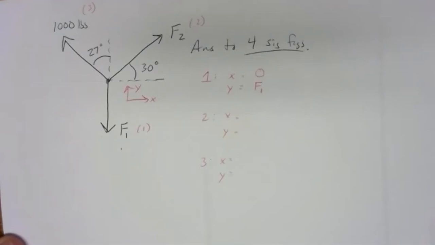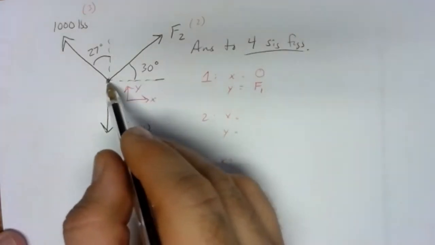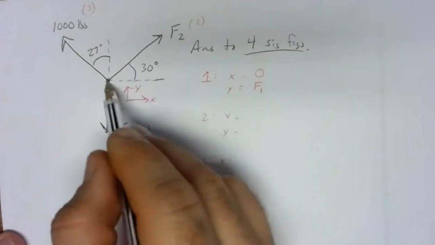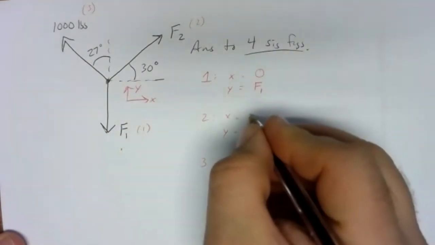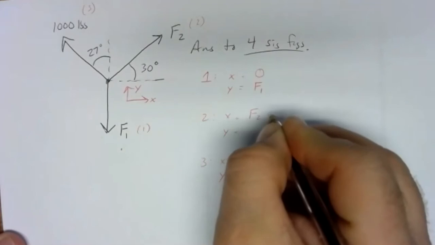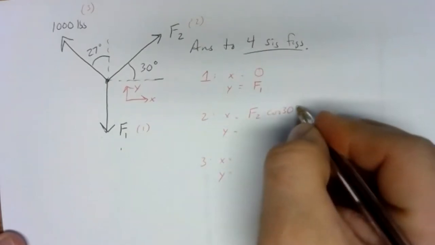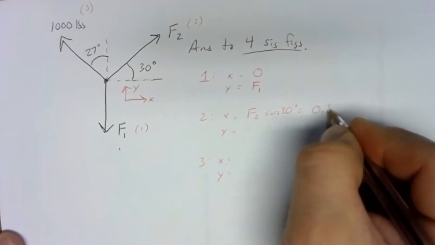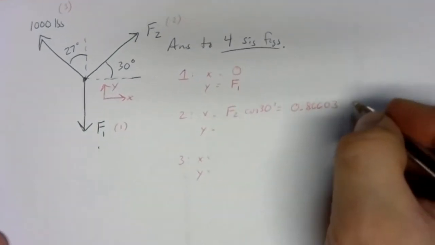F2, we really can't do anything else with other than use sine and cosine because it's at angle 30. So its x component is the horizontal piece or the adjacent piece. Adjacent goes with cosine. So we'd have F2 cosine of 30, which will end up being, if we work out the numbers, 0.86603 F2.